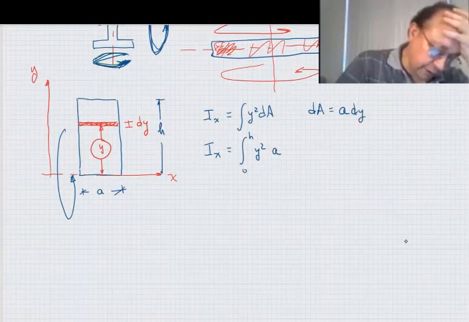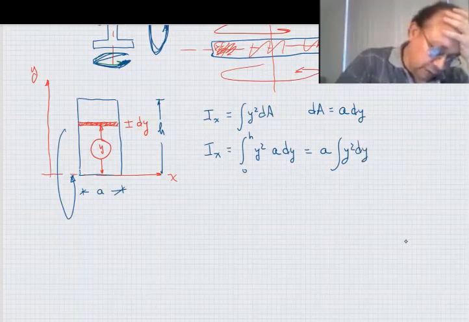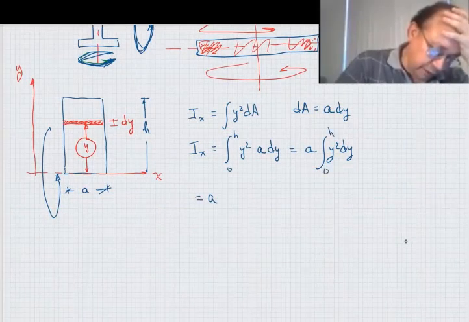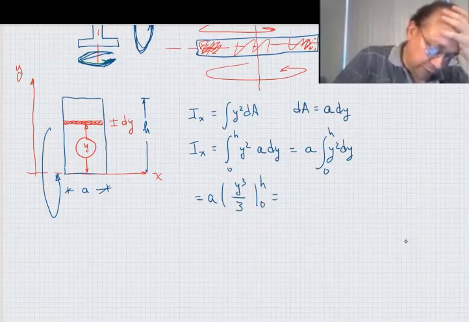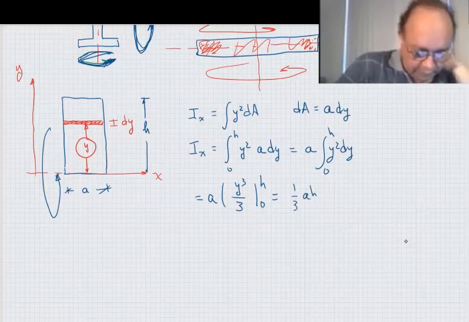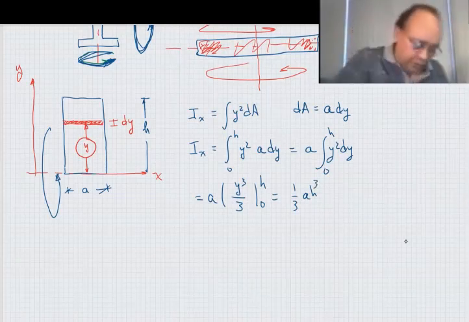So this will be equal to a times the integral of y squared dy, from 0 to h. So that will be y cubed over 3 from 0 to h. So that will be 1/3 of h cubed. This is our first moment of inertia that we found so far.